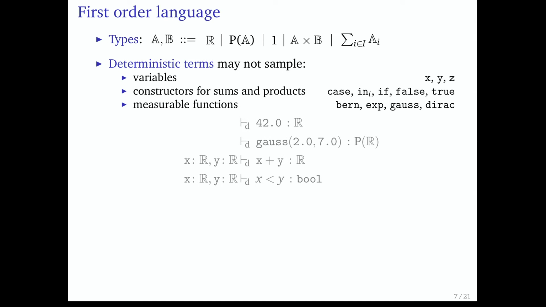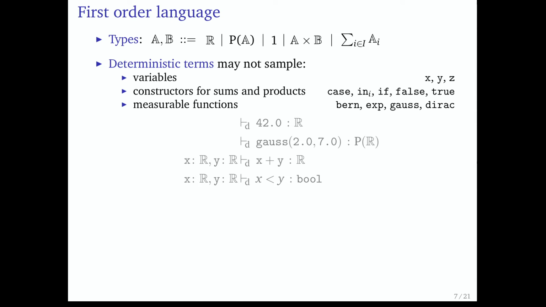Okay, that's the types. And terms come in two variations. There are program statements that are deterministic, that don't depend on any probability distribution or sampling. And later on, there are ones that are probabilistic. So deterministic terms are the boring ones. You can have variables, and things to make these sums and products work nicely.